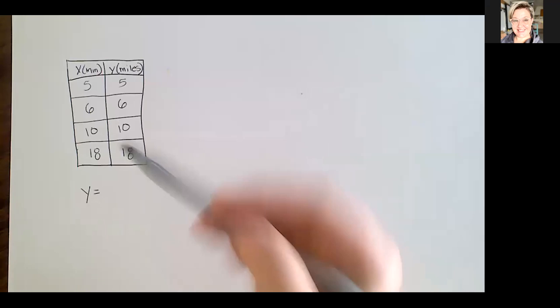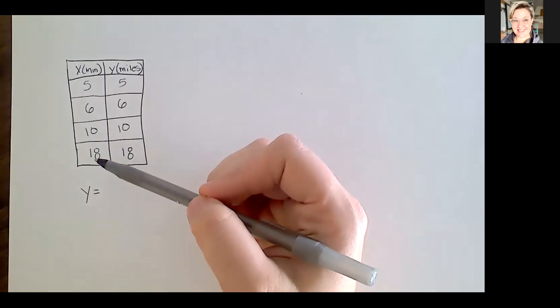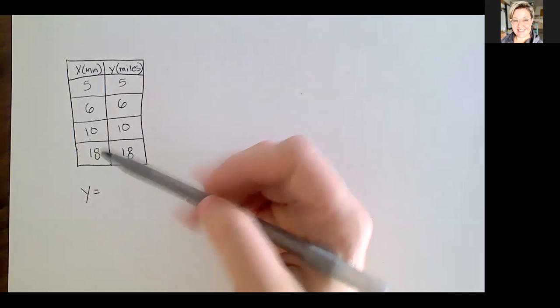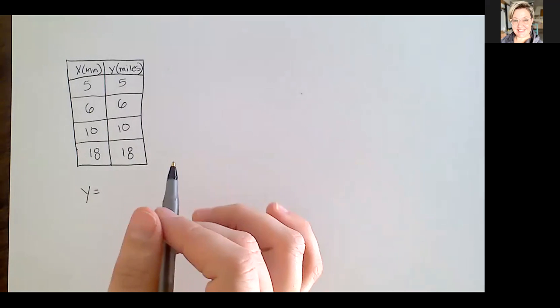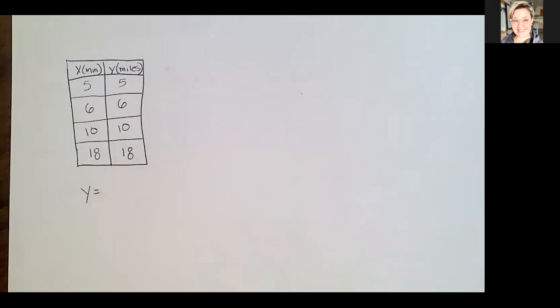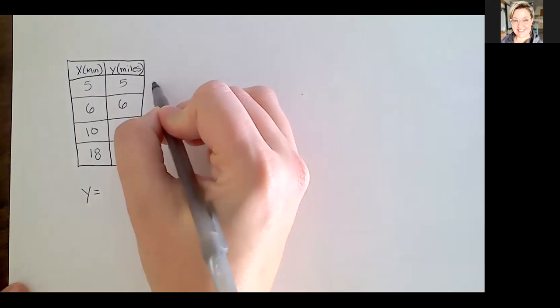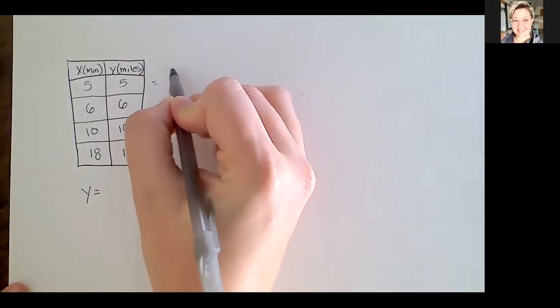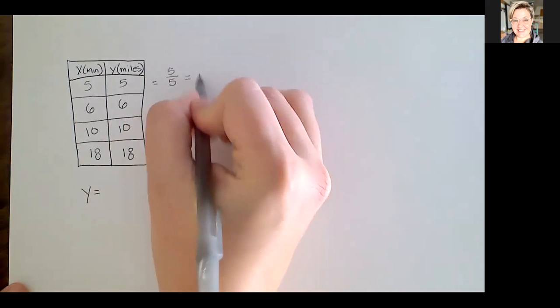Okay, so I've written our table here, and what we're going to do is find the constant of proportionality. So we're going to calculate the ratio of y to x in order to do that. If you remember, we did that in section 1. In this case, we're going to do 5 over 5, which equals 1.